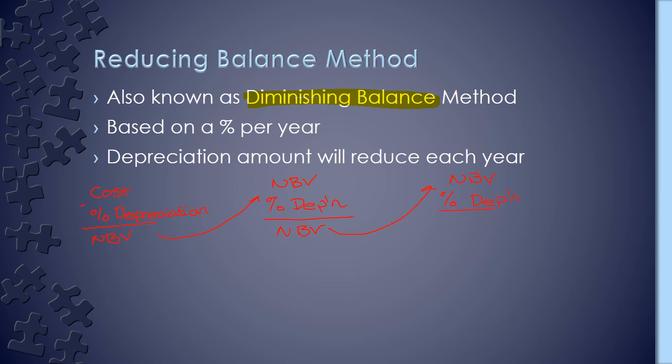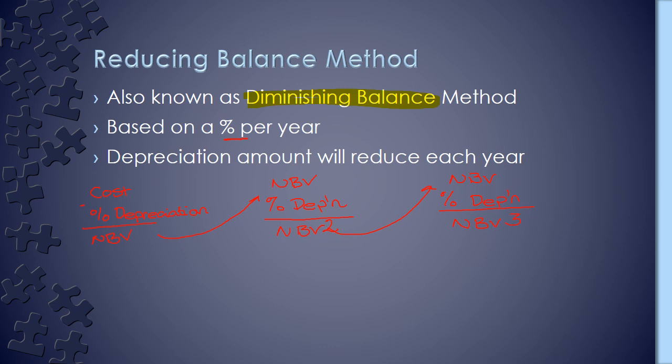So here you can see that because we're applying a percentage, the amount of depreciation will never be the same. With your straight line method, your depreciation was the same every year. However, on your diminishing balance, your reducing balance method, it will always be different, because it will be based on the reducing net book value of that asset.